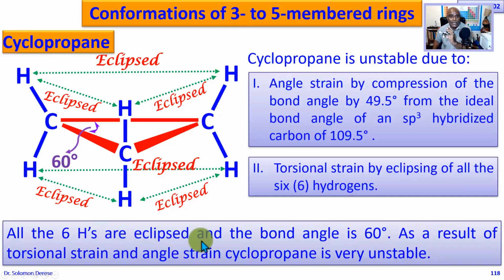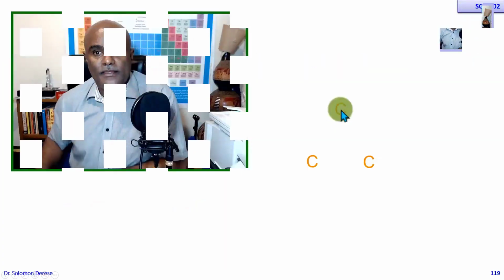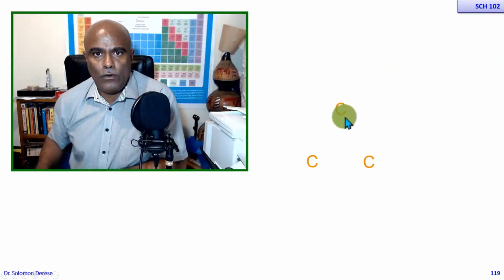All the 6 hydrogens are eclipsed and the bond angle is 60 degrees. As the result of torsional and angle strain, cyclopropane is very, very unstable. Let me just demonstrate how compressed this angle really is. The 3 carbons of cyclopropane are these ones, and 3 points define a plane.